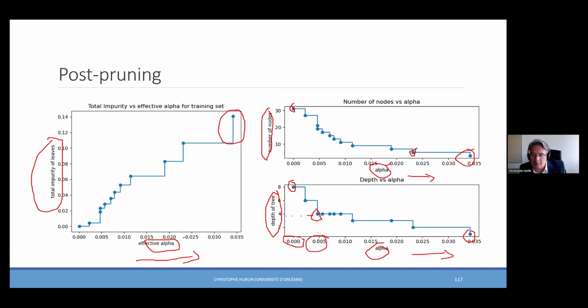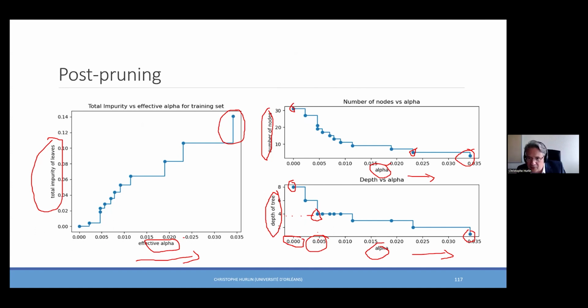If alpha is equal to 1 or exceeds 1, what happens? In general, alpha is a positive parameter, and when you increase alpha too much, the model is too penalized, and there is no tree.